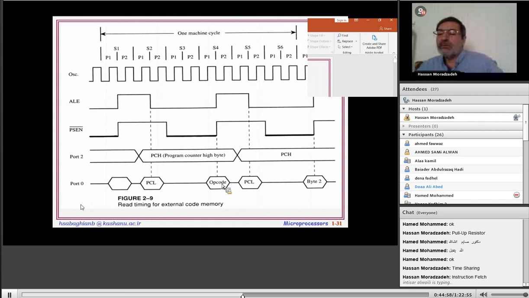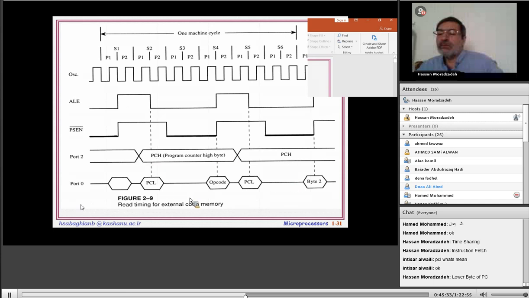This low voltage means read from RAM. In this time, from here to here, the memory tries to put this opcode, this data, over the bus, and the CPU gets this code from the bus. Thus this shared bus carries opcode or data.